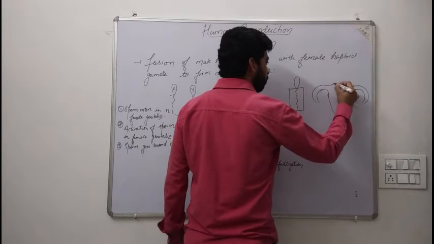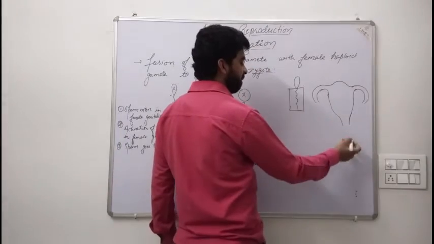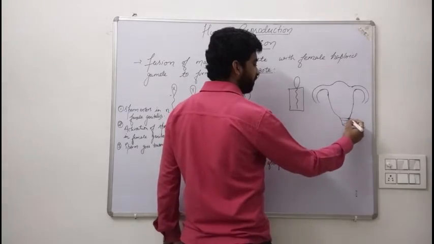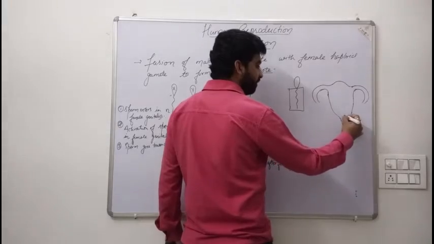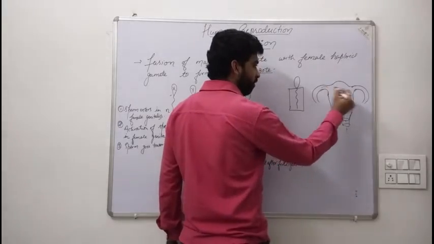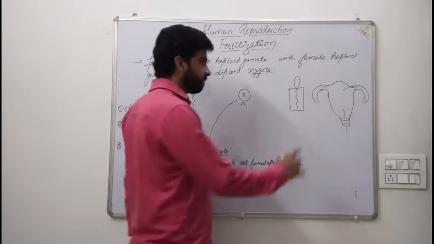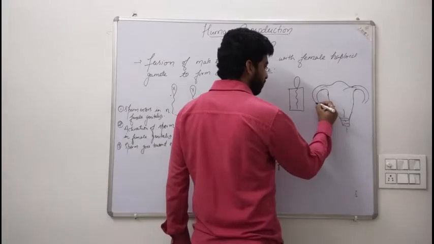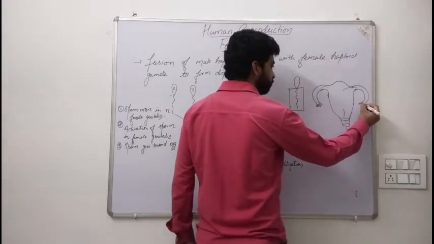We are not drawing the whole diagram here. Just remember the internal OS, external OS. Sperm moves in this direction and moves to one of the fallopian tubes.